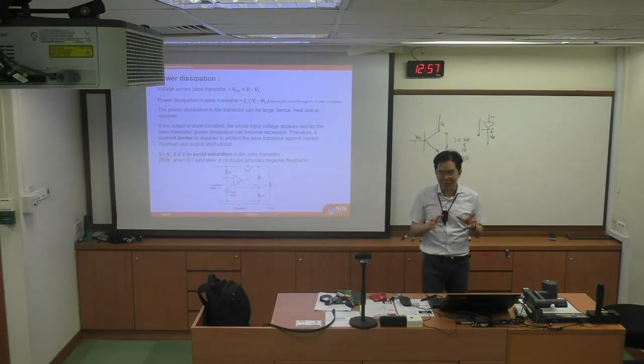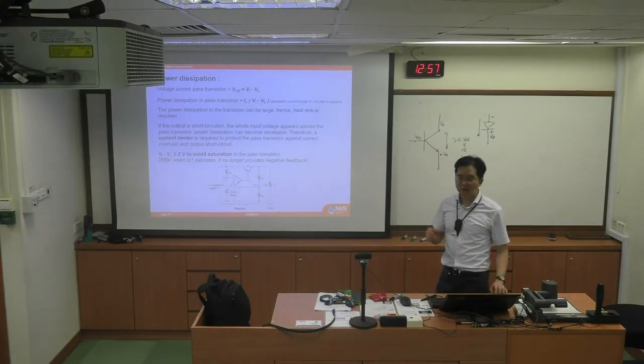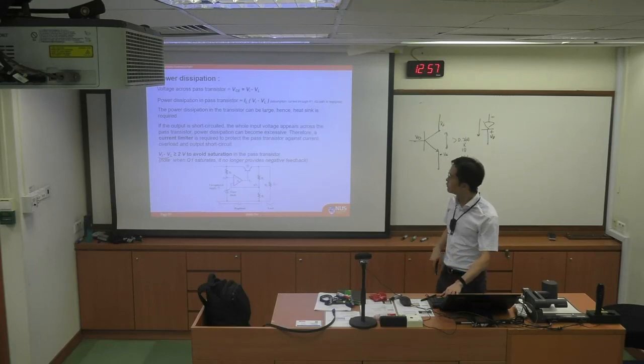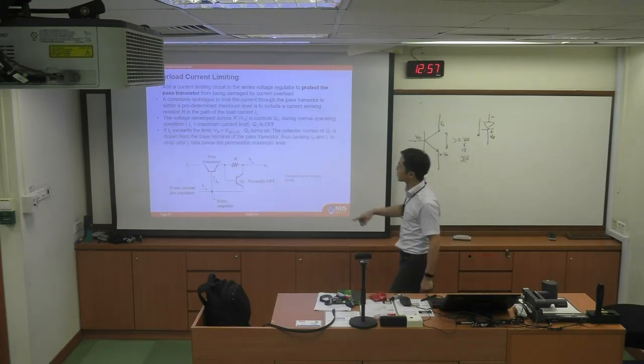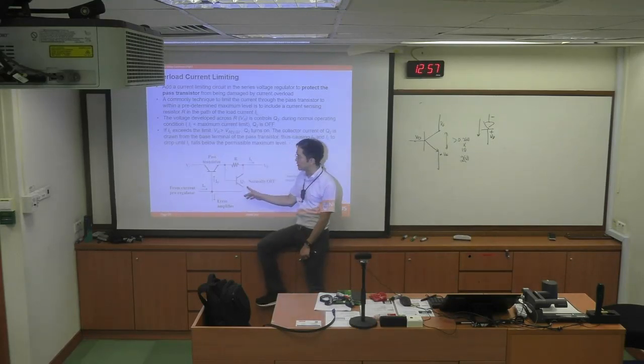We learned about thermal breakdown last week. It remains so that power dissipation through Q1 is within the allowed range. And how can you do that? Is by inserting a normal BJT. This is a power transistor. This is a normal BJT, like this. And you have a very small series resistance.